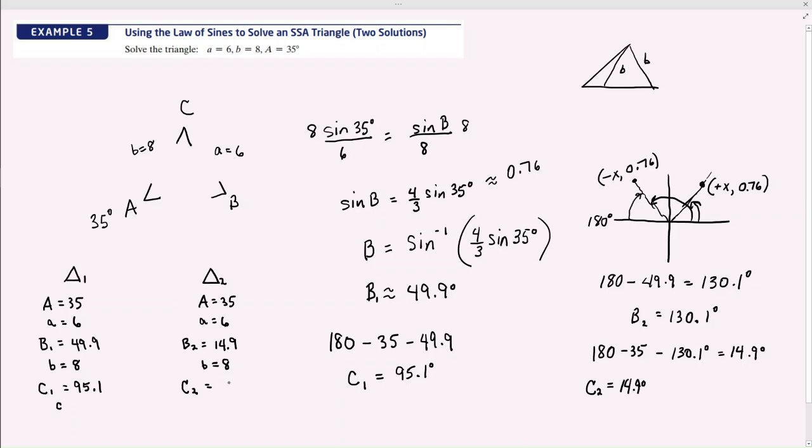Okay, so C2, 14.9. And we don't know the little c, so I'll distinguish those because they're going to be different for each case. Alright, so now we just need to use the law of sines to find the length c1 under case 1 and the length c2 under case 2. Those are the only ones that are left unknown.